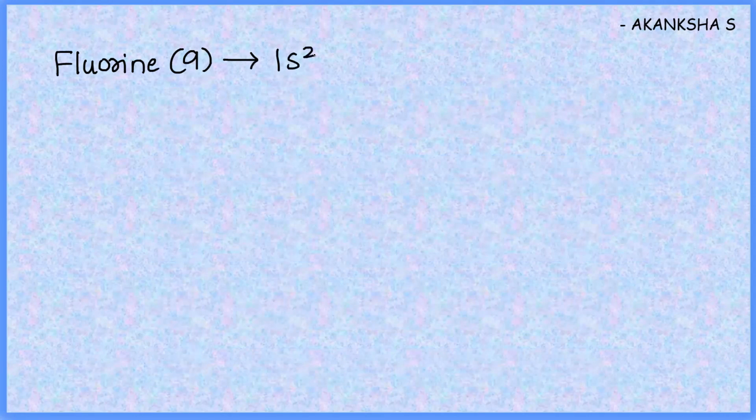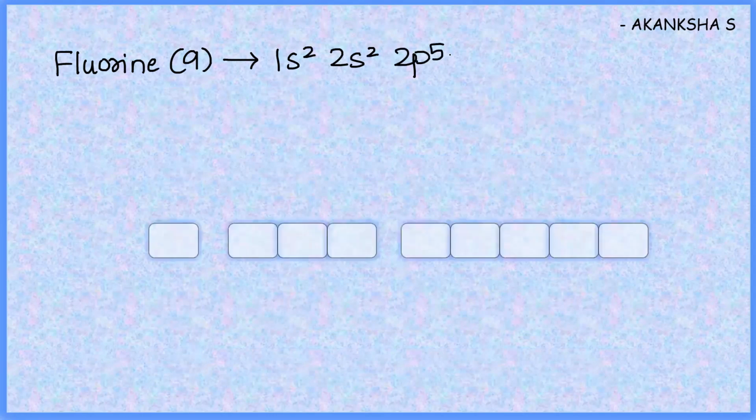Now here as well, we get one anomalous behavior, and that is shown by fluorine, the first element of the group. Fluorine's configuration is 1s2, 2s2, 2p5. It ends in the second shell, so there are no d orbitals.